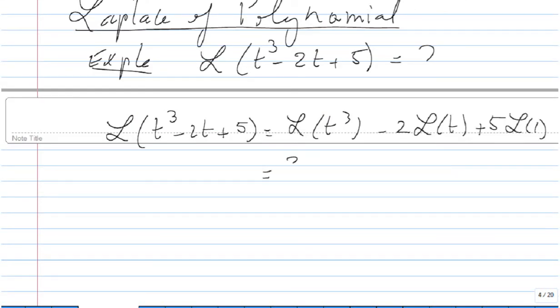So this is 3 factorial, or 6 over s^4, minus 2 over s squared, plus 5 over s, and one can reduce to the same denominator and come up with a general formula.